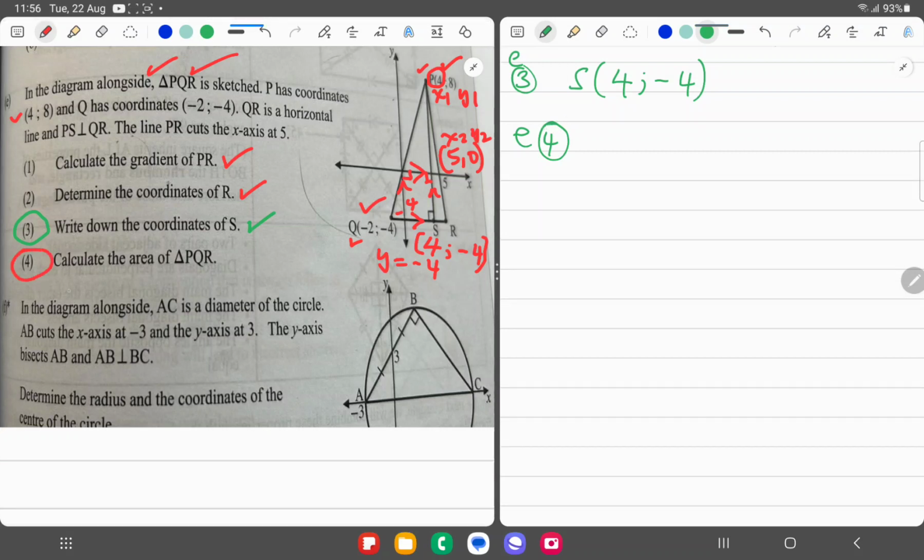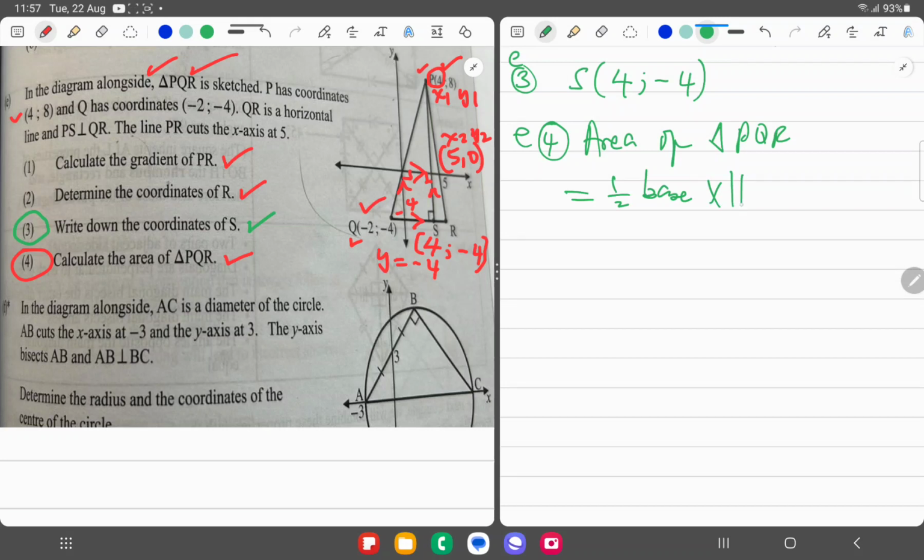Now you need to calculate the area of triangle PQR. Right, to calculate the area of triangle PQR, it's easy to do that. The area of triangle PQR is actually half base by height.